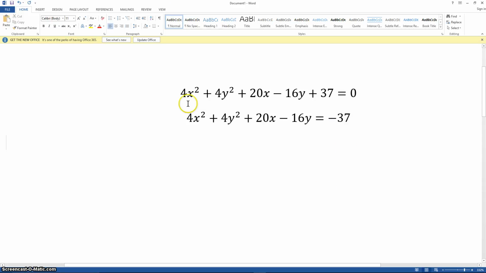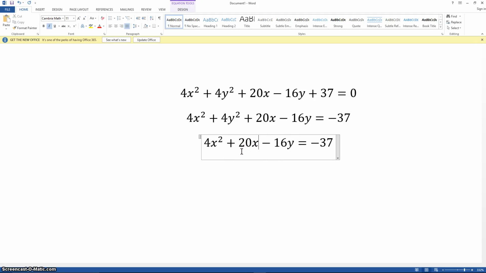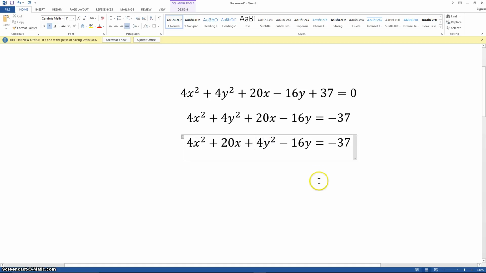And then I'm going to cluster everything that has an x together and everything that has a y together. In other words, rearrange some things. So this is going to become 4x squared plus 20x, and then plus 4y squared minus 16y.